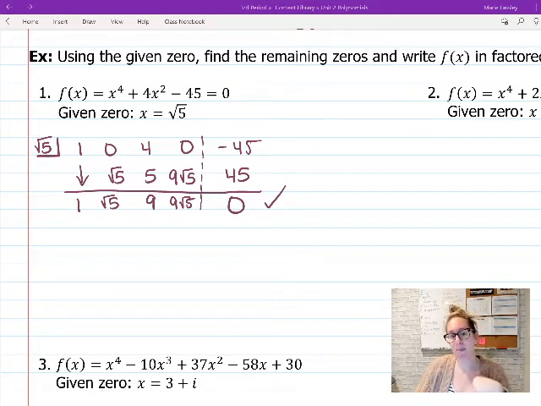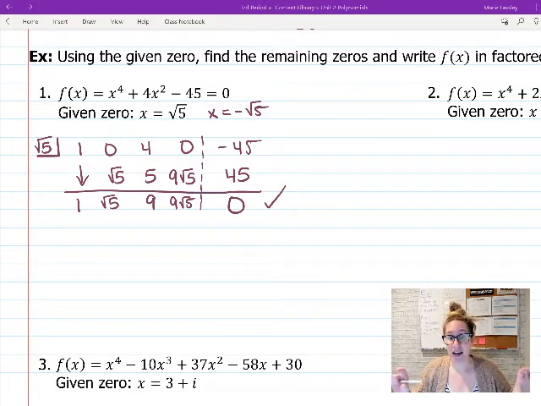So before I put my x's in, I'm actually going to divide out by my other 0 that I know. Because if I'm given x equals square root of 5 as a 0, I also have x equals negative square root of 5 as one of my zeros. All right, so before I put my x's in, I'm just going to take these coefficients that I have and divide out by negative square root of 5.